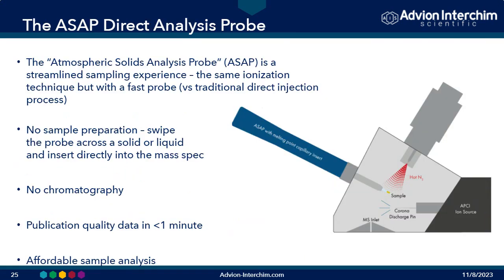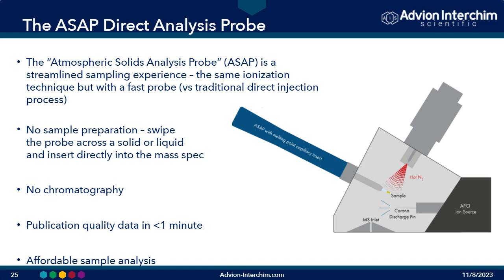Okay, and just to give you some more information on the ASAP probe. It is a streamlined sampling experience. It's the same ionization process as APCI, but instead of doing a liquid injection of some kind, you're simply coating the glass capillary at the end of the probe with your sample and then sticking it directly into the source.